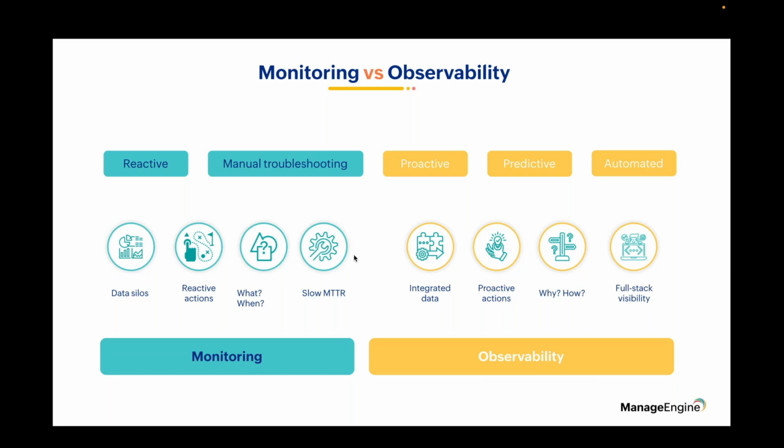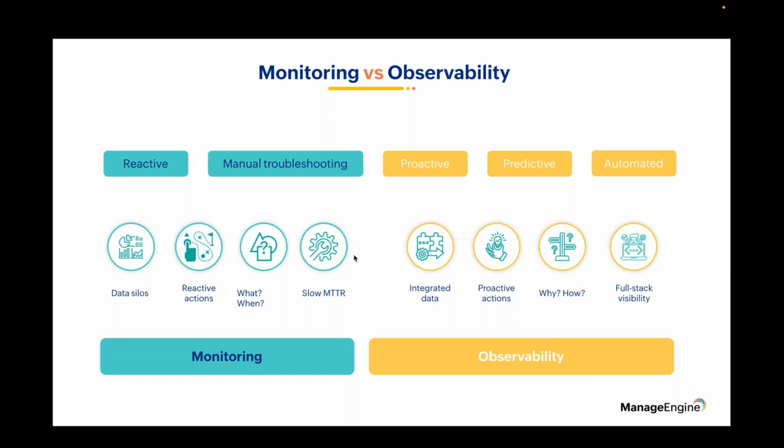Whereas in observability, we have full stack visibility across the domain, and we don't let the problem happen. We take the action before the problem. So very clearly, observability, which is proactive, predictive, and automated, is the way to go. That is the next generation of monitoring.